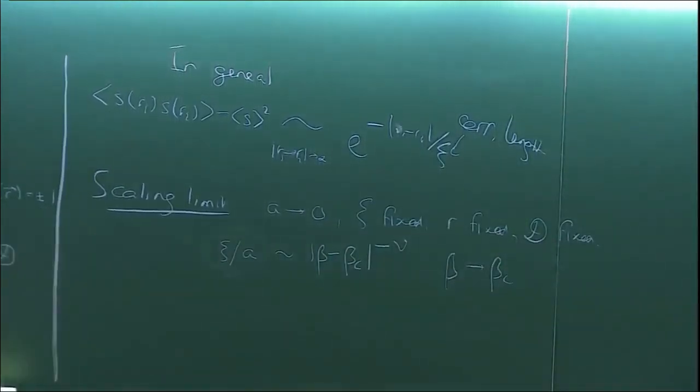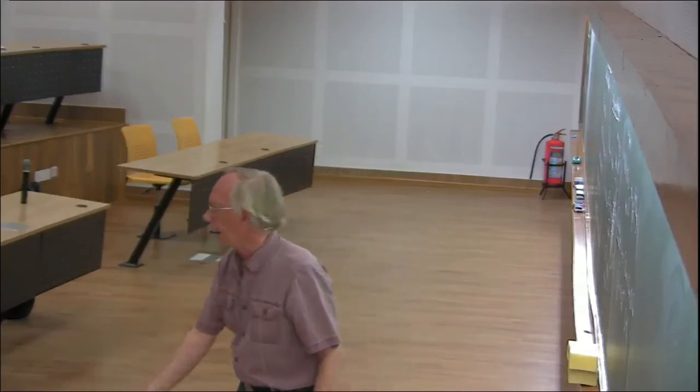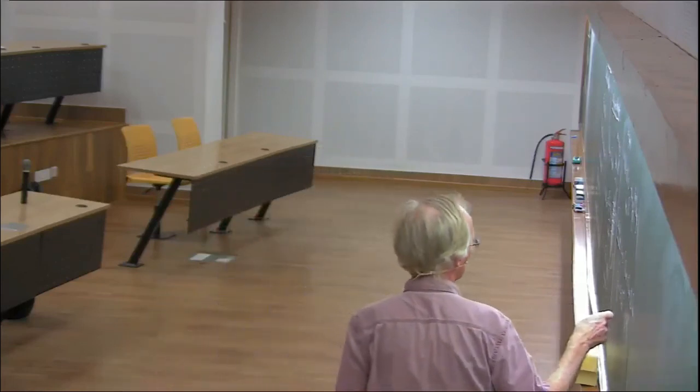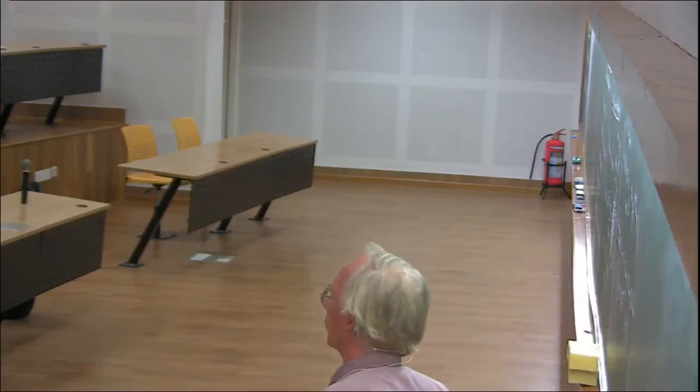So it's important to realize that the scaling limit, which is what I'm going to be talking about, is only going to apply to the lattice model either at the critical point where the correlation length is infinite or close to the critical point.